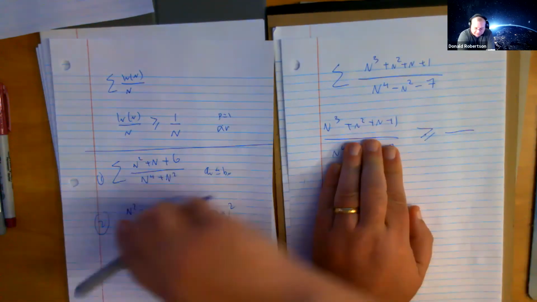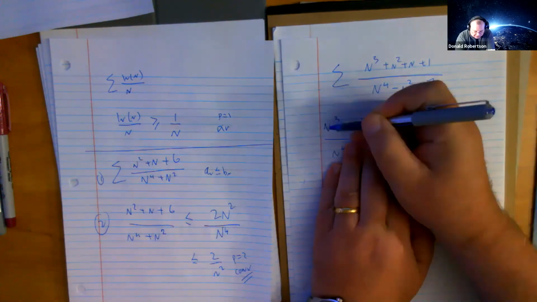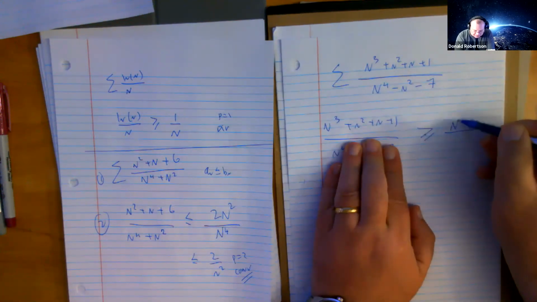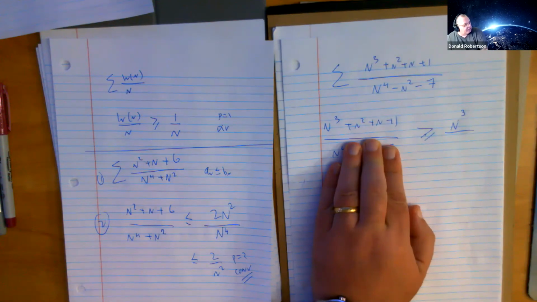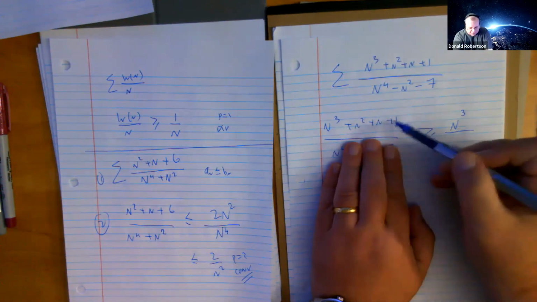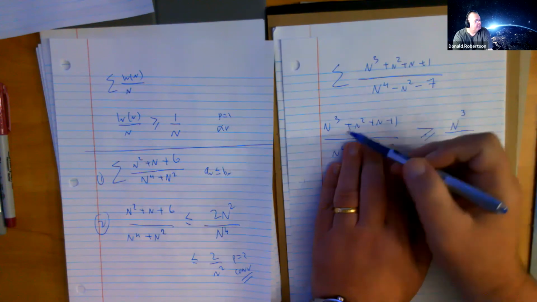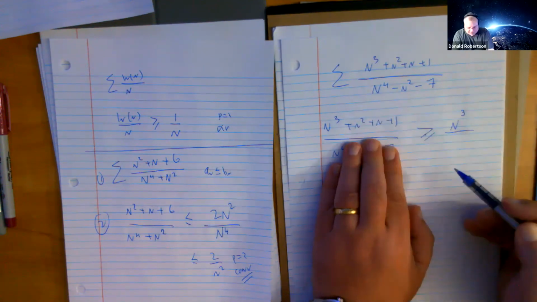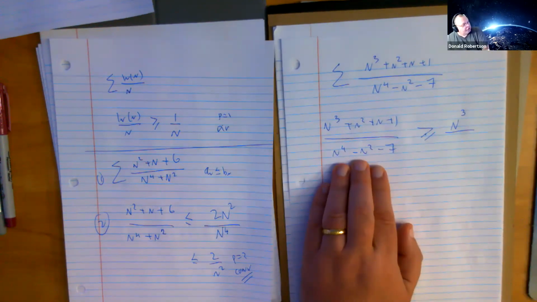Okay. If you want this to be small, don't you make this fella smaller? Would you agree that n cubed is smaller than all of that? N cubed smaller than n cubed plus stuff, right? Now, what do you want to do at the bottom? Don't you want to make the bottom bigger?